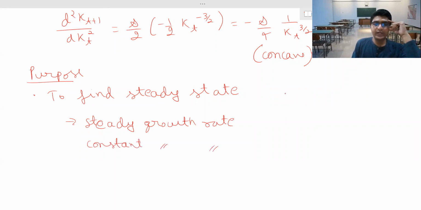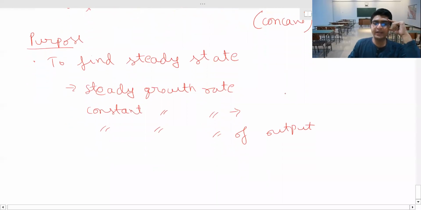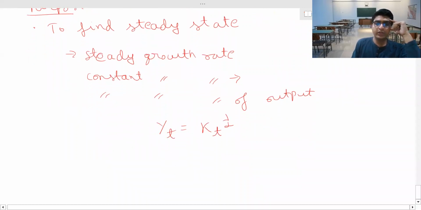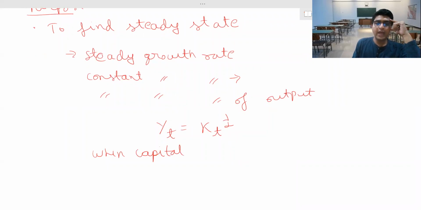A constant growth rate of what? A constant growth rate of output. What does output depend on here? Output depends only on capital here, right? So when will we get a constant growth rate of output? When the capital growth rate is constant, right?